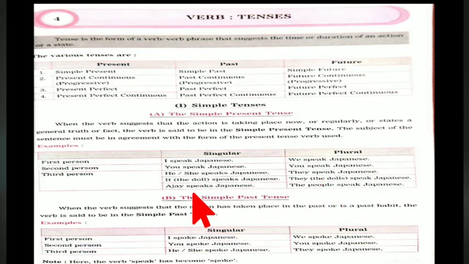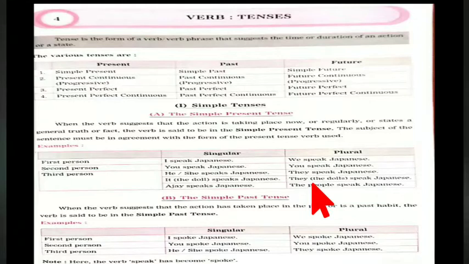You speak Japanese. Second person, you speak Japanese. Either it is singular or plural, it will remain the same. Third person, he or she speaks Japanese. They speak Japanese. It speaks Japanese. They are talking about the doll, that is a non-living thing. Ajay speaks Japanese. The people speak Japanese.